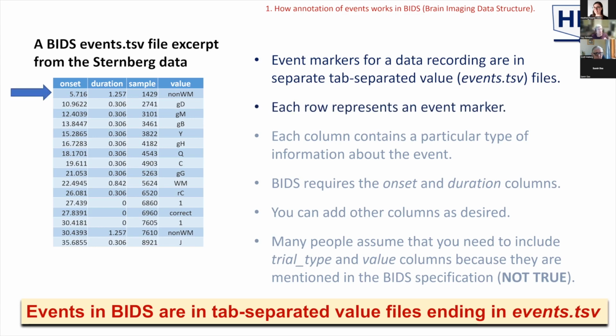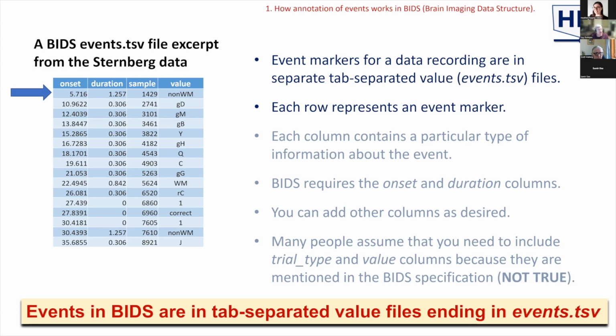Each row represents an event marker, and the onset gives the time in seconds to the neuroimaging file that the events are linked to. So, and they're linked in BIDS by their file names. So there's a rule for, if you see an events file with a certain name, you can find the neuroimaging file that it goes with.